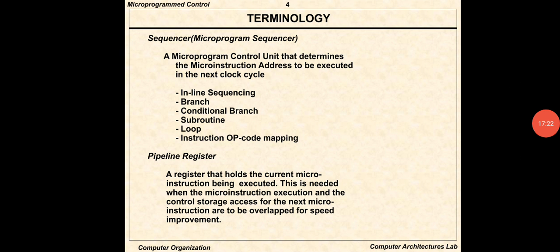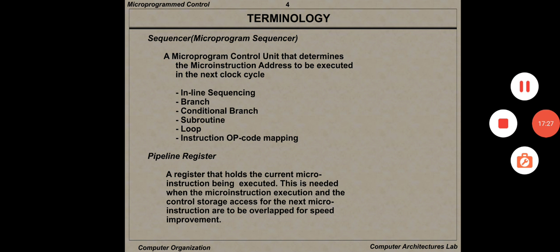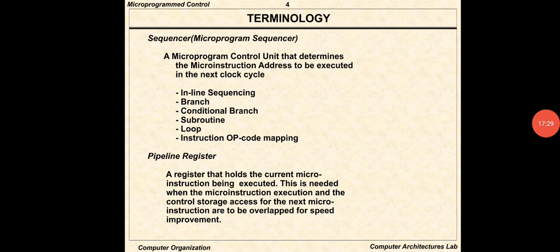Inline sequencing gives you the information that the next instruction is exactly in the next address only. One by one, back to back, the instructions are available, and that is inline sequencing.